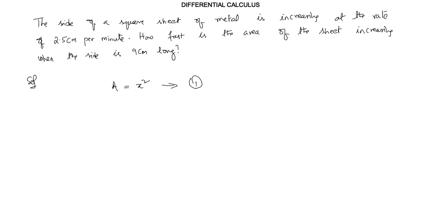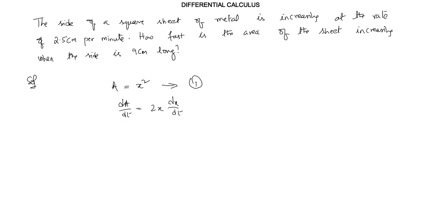Now differentiating this with respect to t, we get dA by dt, which we have to determine, equal to 2x dx by dt.